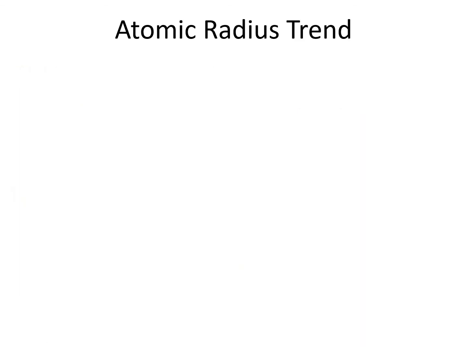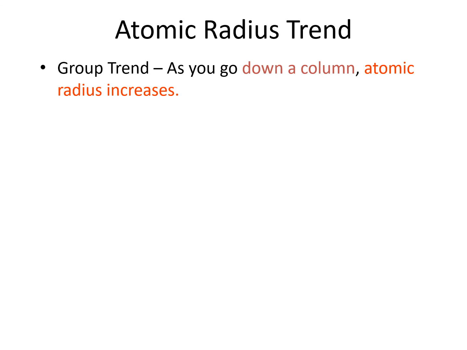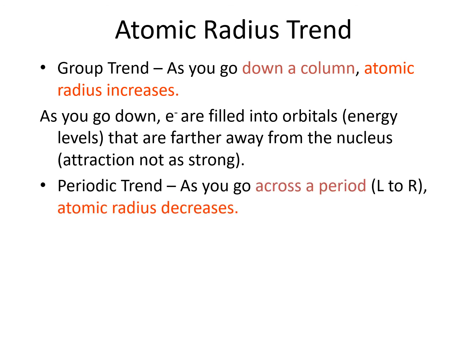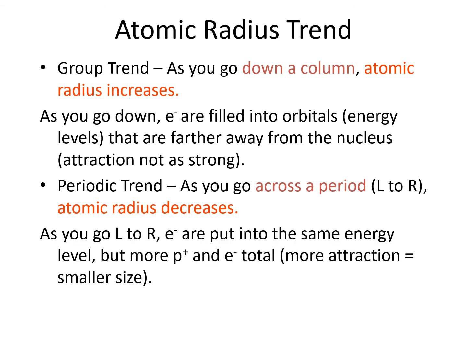Okay? So as you go down a column, atomic radius increases. And if you go across a period left to right, atomic radius decreases, because that nuclear attraction is more positive, greater and stronger. Okay? All right.